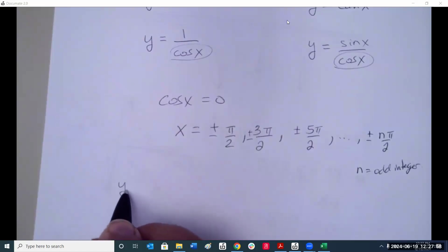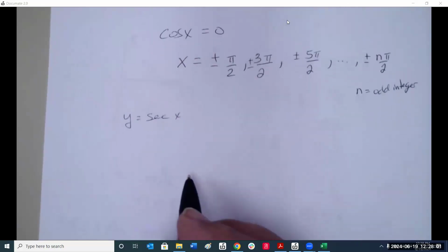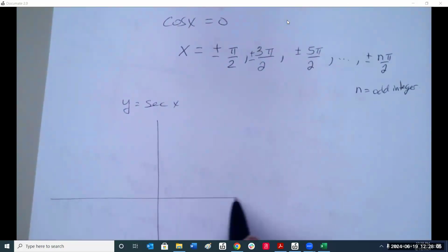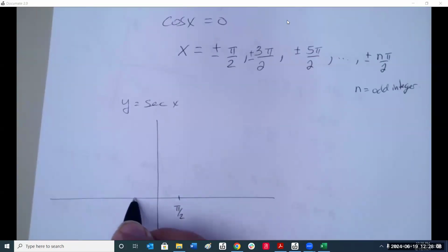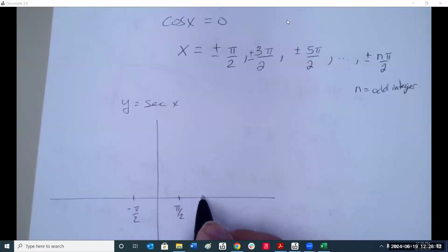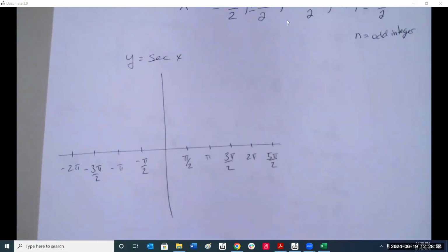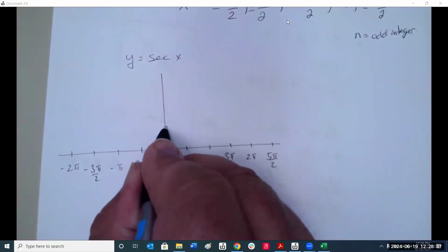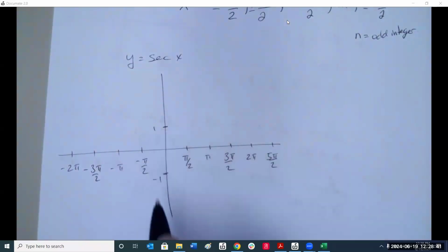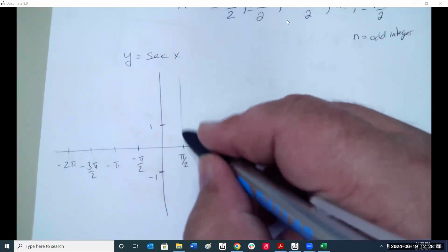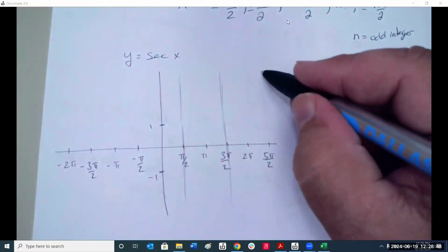If we look at the graph of the secant function, pi over 2, negative pi over 2, because we know we have asymptotes at all odd multiples of pi over 2.